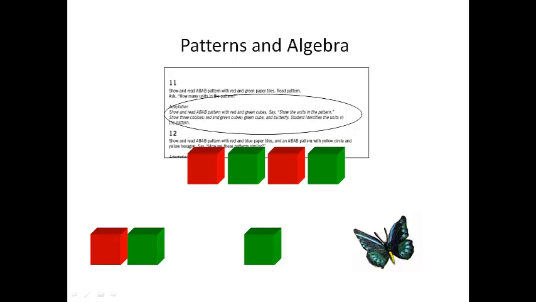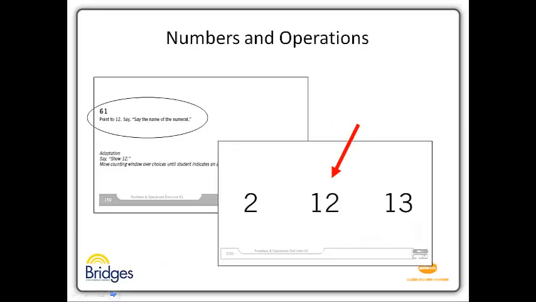And then I would show the student 3 choices: a red and green cube, a green cube, and a butterfly. And the student would point or gaze or touch the appropriate choice. So in this case, the student is showing understanding of a portion of this concept.